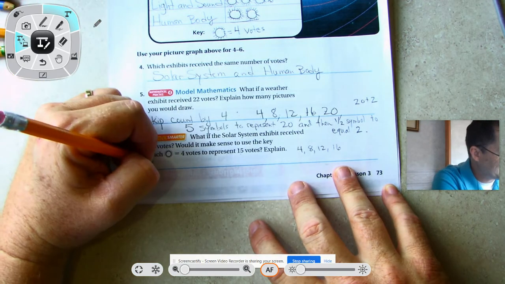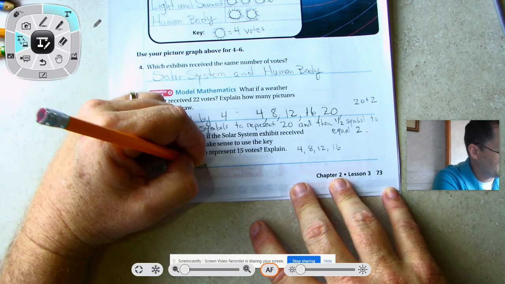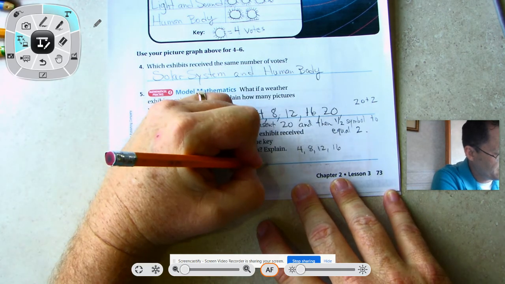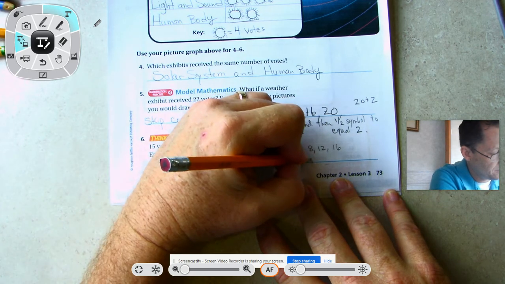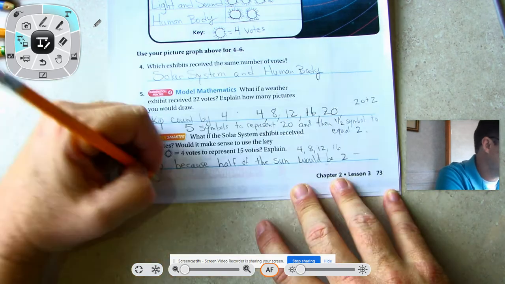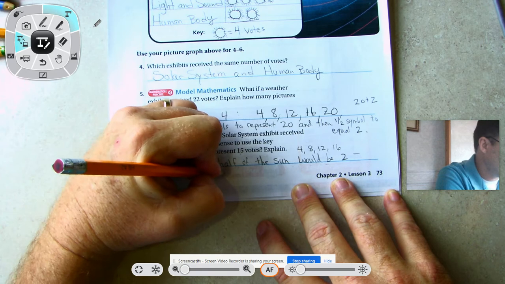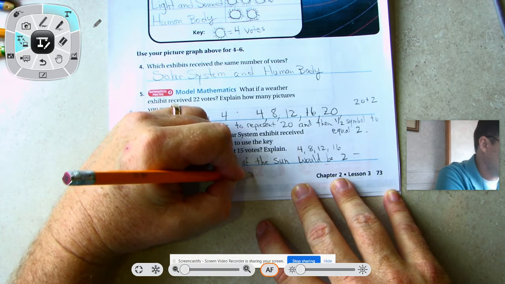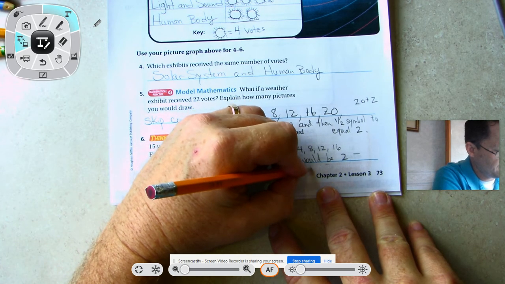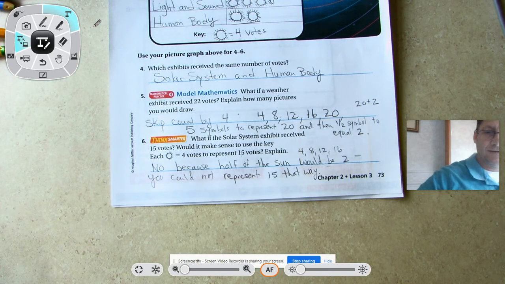So no, it wouldn't make sense. So we would never get 15 if we counted by fours or by half.